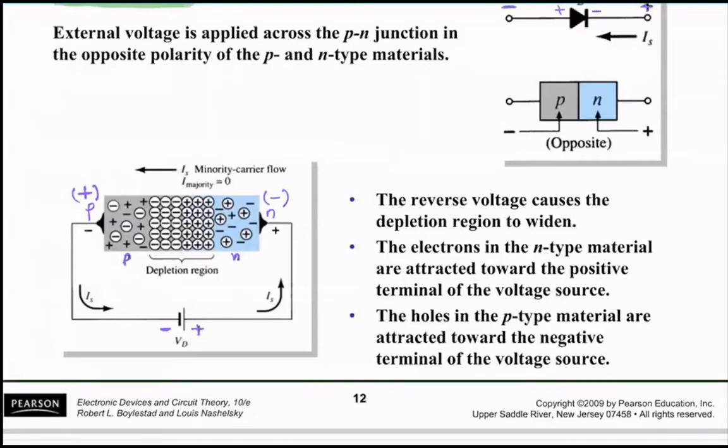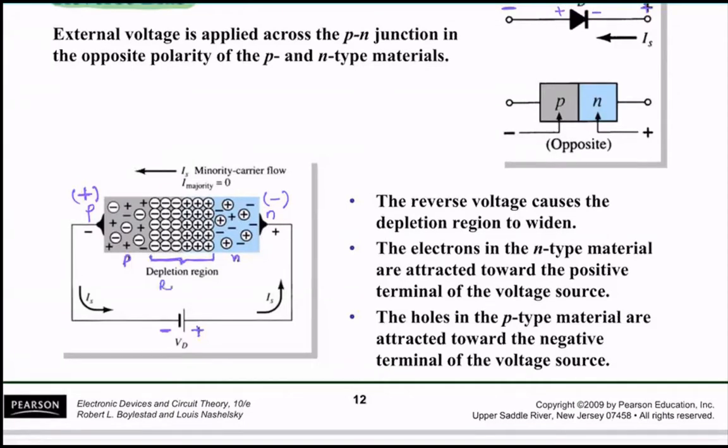It's a reverse polarity. Also, in a reverse bias situation, the length of the depletion region is going to be very large. Again, think of the depletion region as resistance, and because the depletion region is large, resistance is going to be high. Because resistance is high, no current is going to flow.